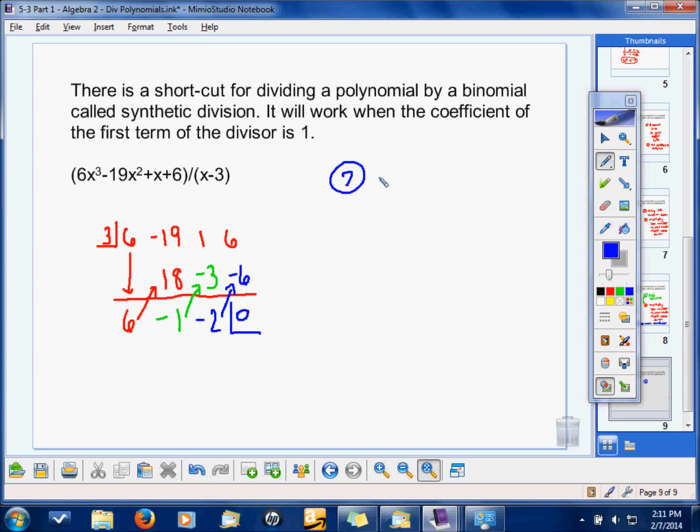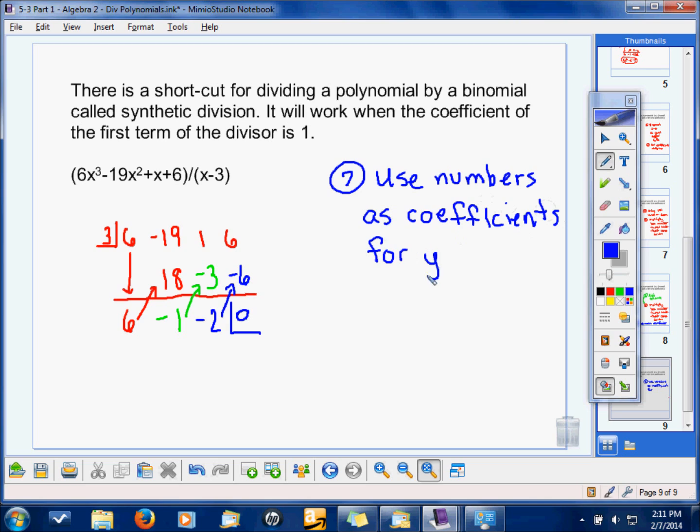You need to use the numbers as coefficients for your answer. And it's easier to go from right to left than left to right.